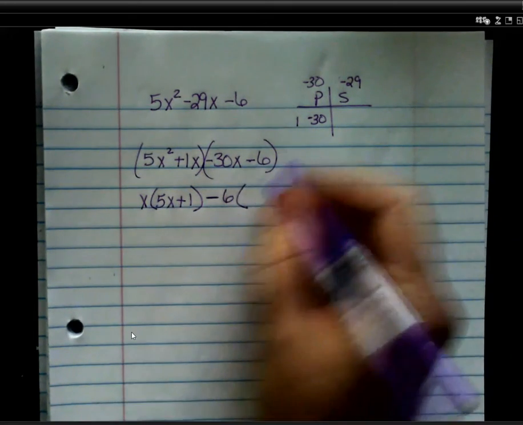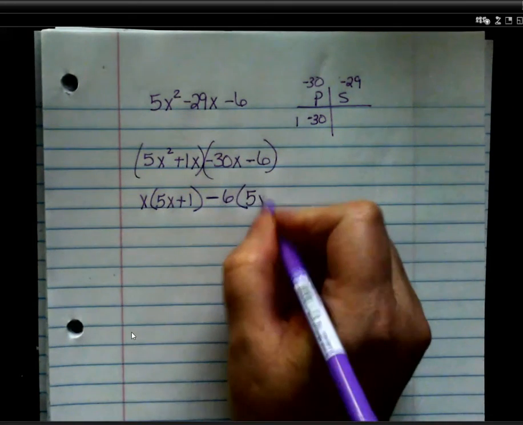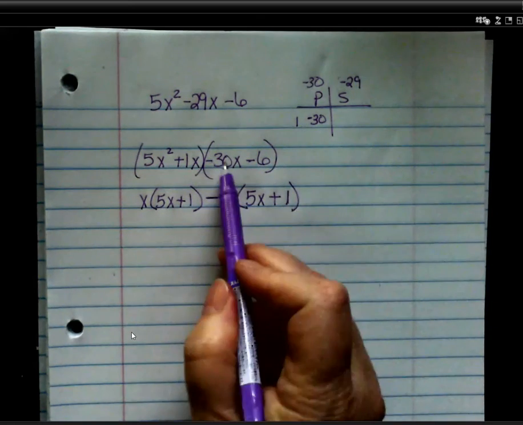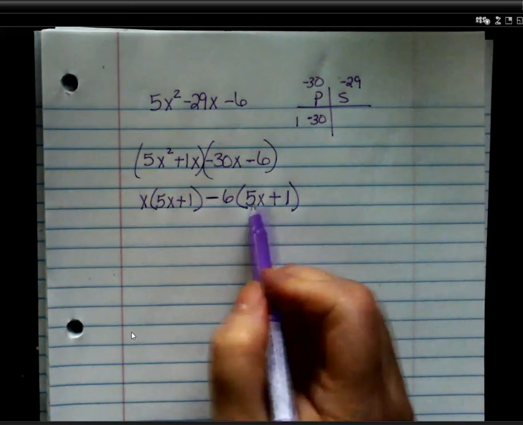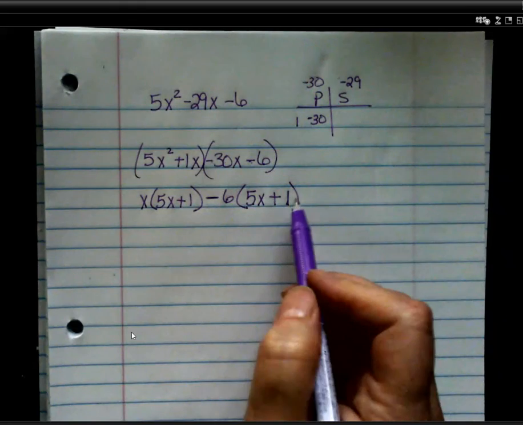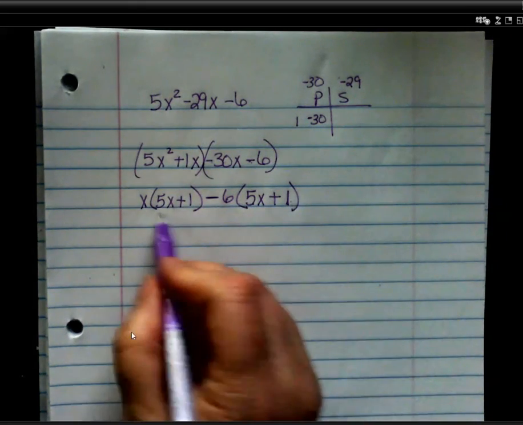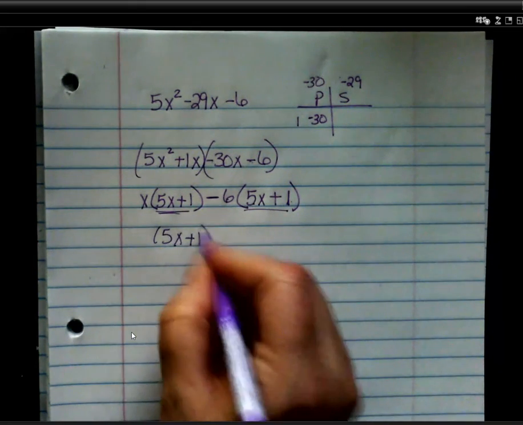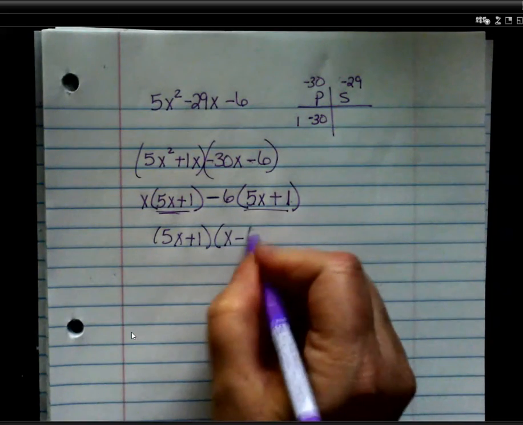And that's going to give me a positive 5x plus 1. Because negative 30 divided by negative 6 is 5. Negative 6 divided by negative 6 is a positive 1. Now I can pull out my 5x plus 1, and I'm left with x minus 6.